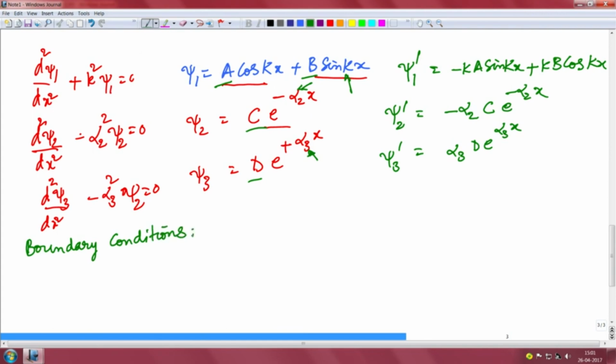We have seen that the boundary conditions reduce to continuity of the fields and its derivatives across the boundaries.